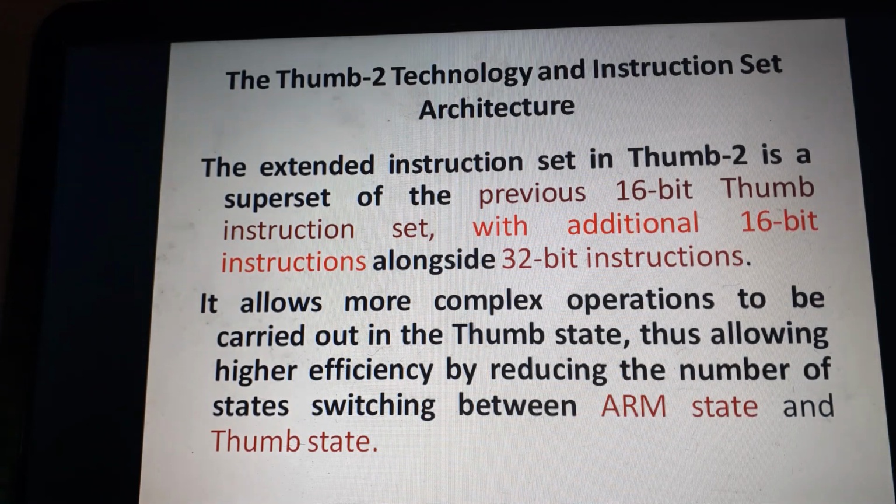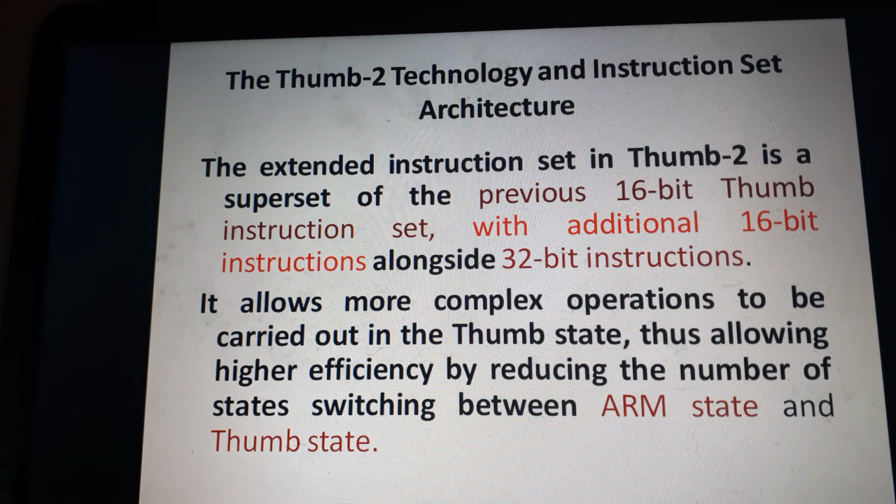In traditional ARM processors, there is a requirement to change the state from ARM state to Thumb state. Changing the state means changing the T bit of the flag register, from 0 to 1 or 1 to 0, before we switch from ARM to Thumb and Thumb to ARM.